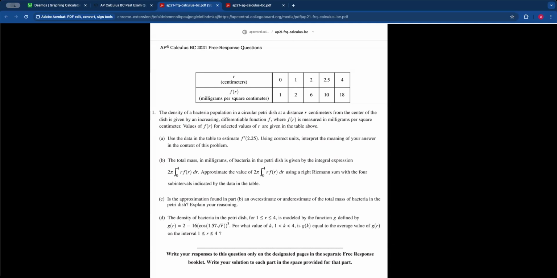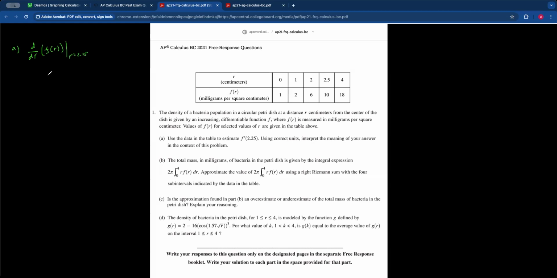So over here, they just want us to estimate the value of f prime of 2.25. Now notice, in this case, the input is in centimeters. So as a result, we're taking the derivative with respect to r of f of r, and we're going to evaluate it at r equals 2.25.